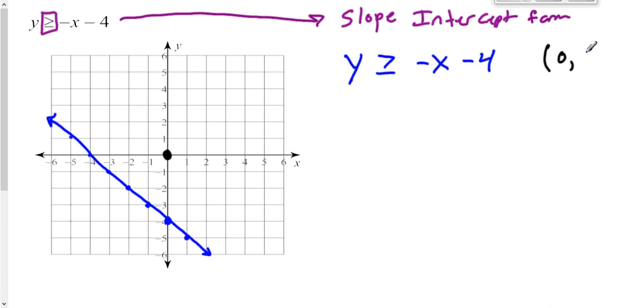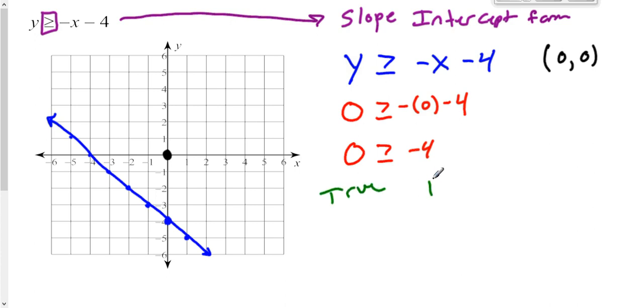So we're going to test 0, 0. When I plug it in, y is 0, x is 0, so I have 0 is greater than, well, that disappears right here, -4. I now check this statement to see if it's true or if it's false. Is 0 greater than -4?